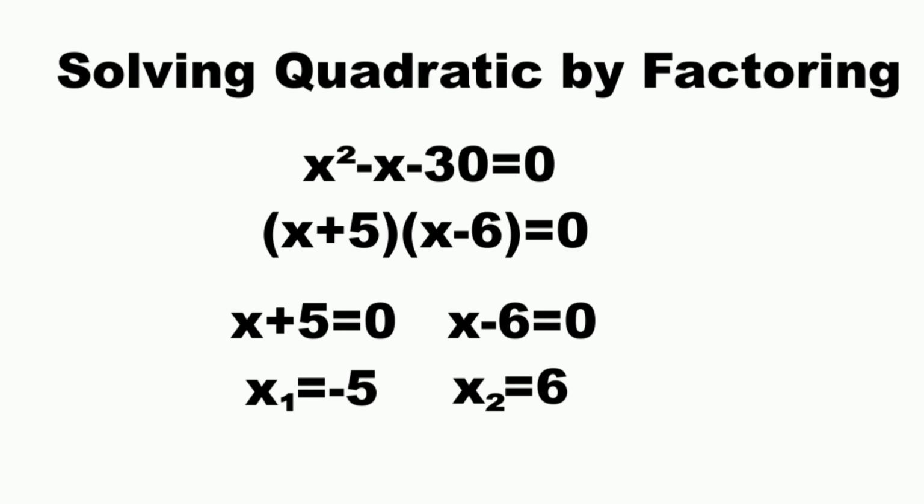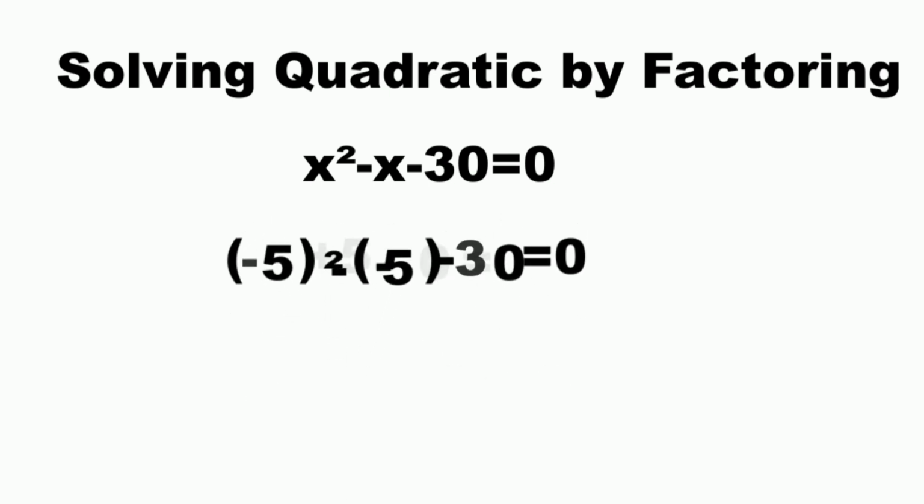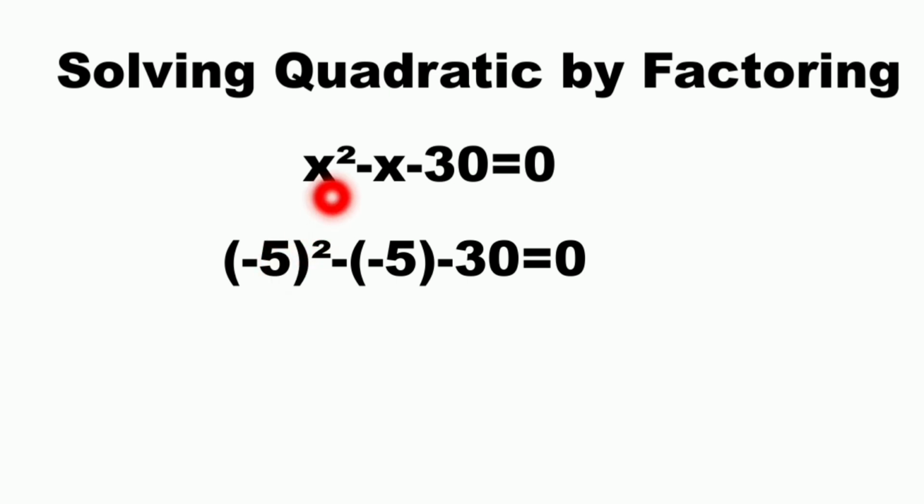So check: go back to the original equation and substitute negative 5 first. We have negative 5 squared minus negative 5 minus 30 equal to 0.